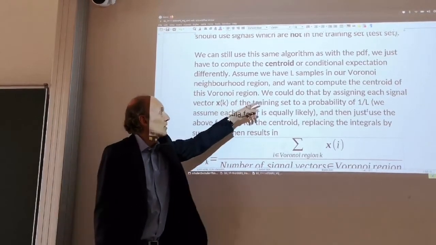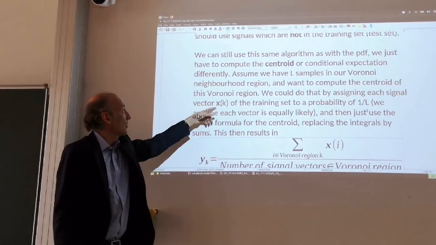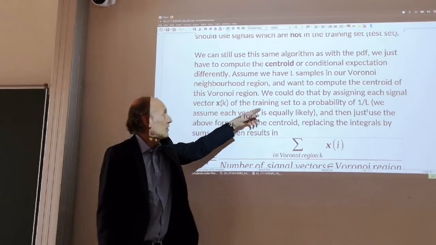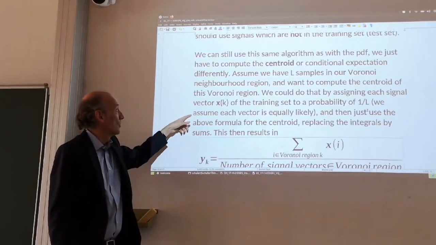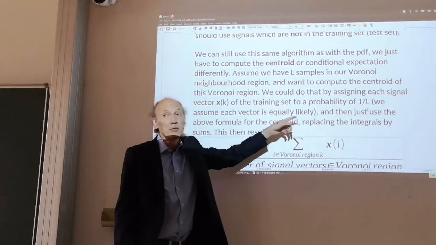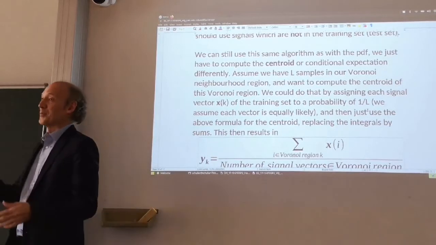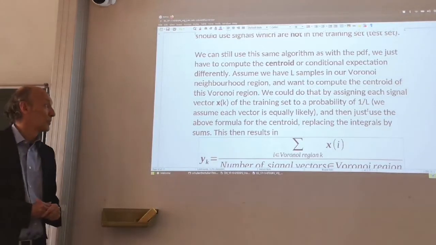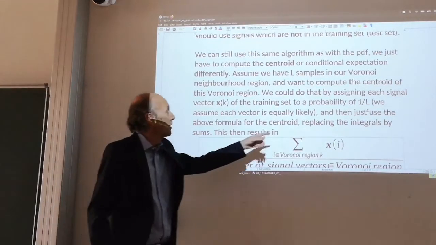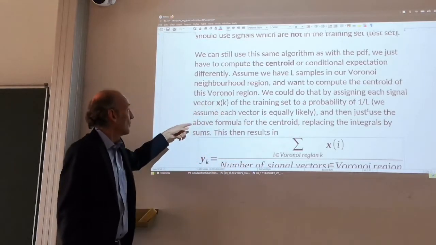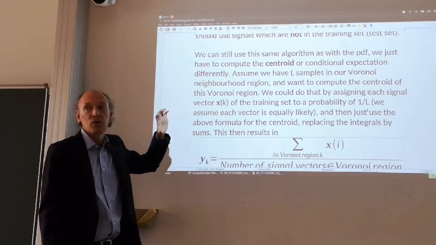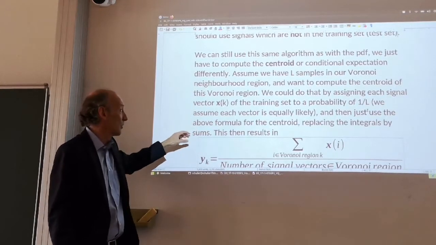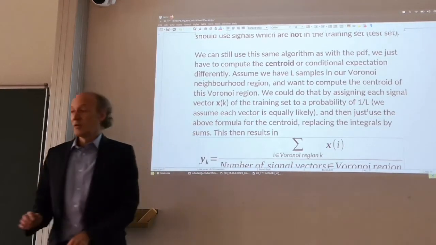We could do that by assigning each signal vector x_k of the training set a probability of 1 over L. We assume each vector is equally likely. This is just a working assumption. Then we use the above formula for the centroid, replacing the integrals by sums, because now we have discrete points in the n-dimensional space. And this results in this equation.